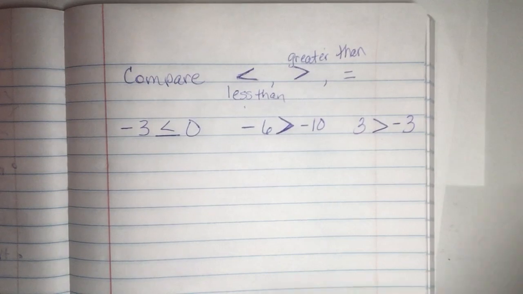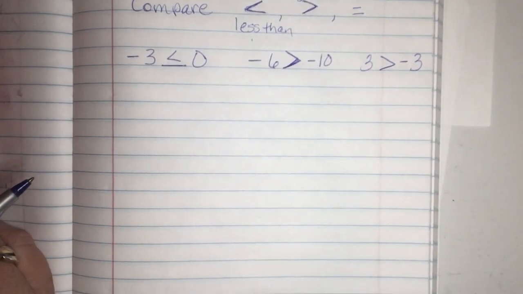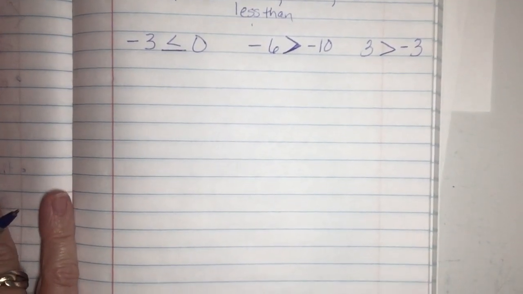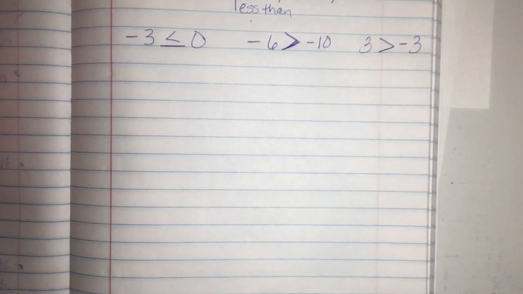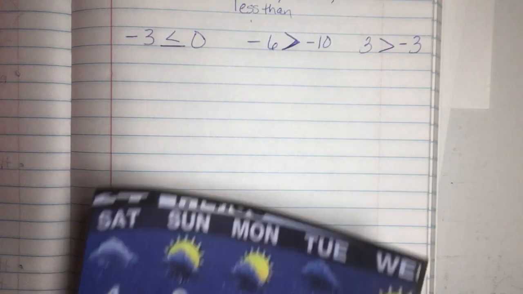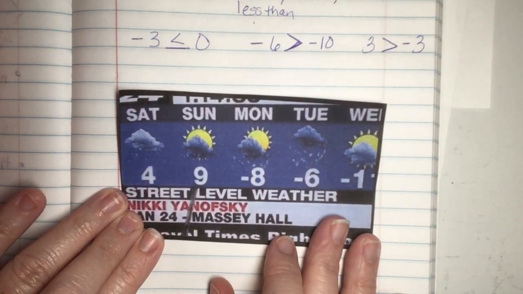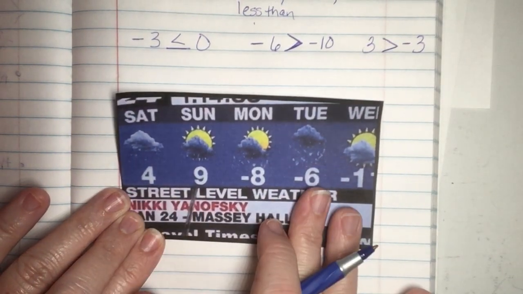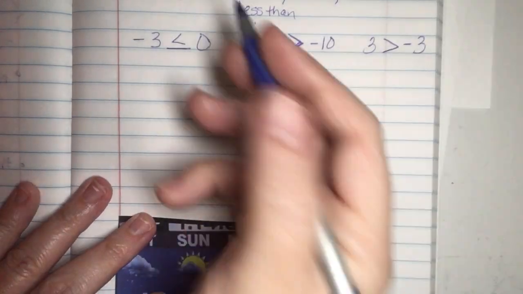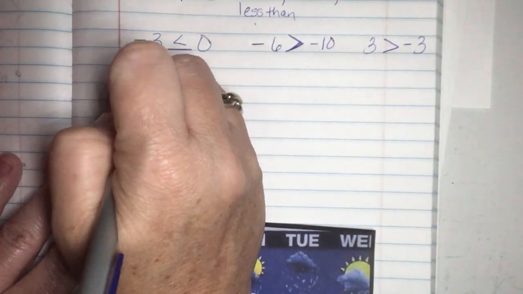All right? Okay, now let's do some ordering. All right, let's look at these temperatures. We've got positives and we've got negatives.